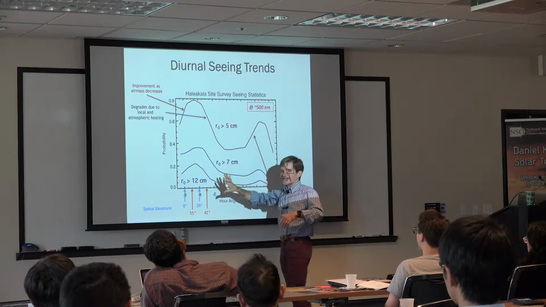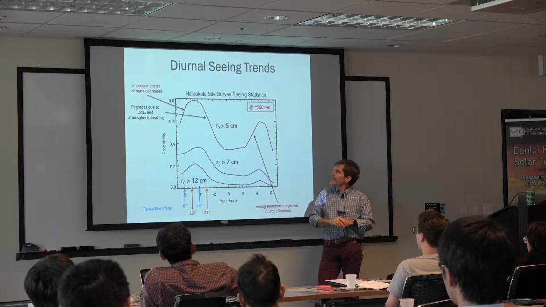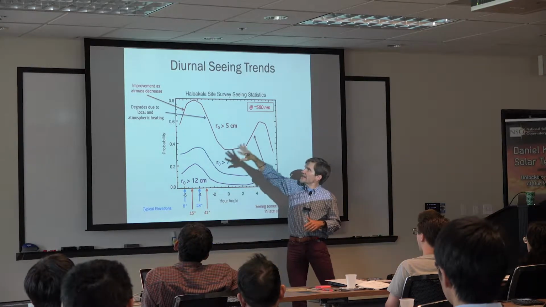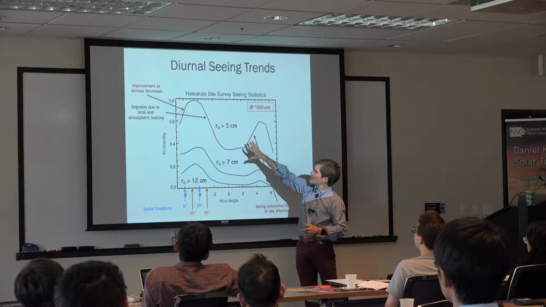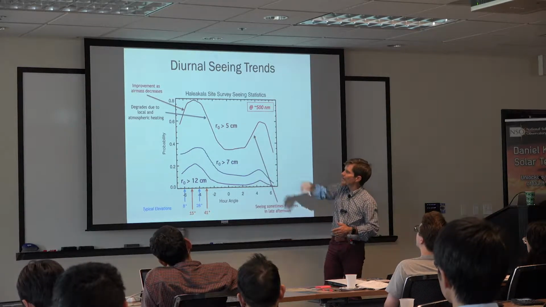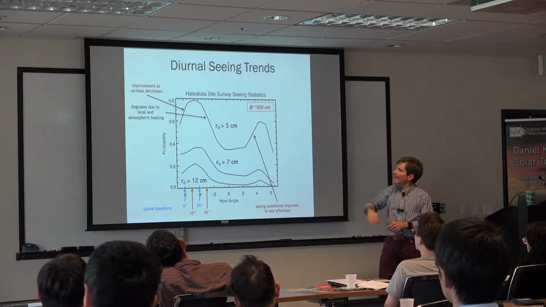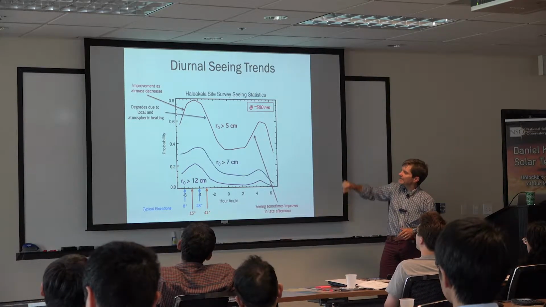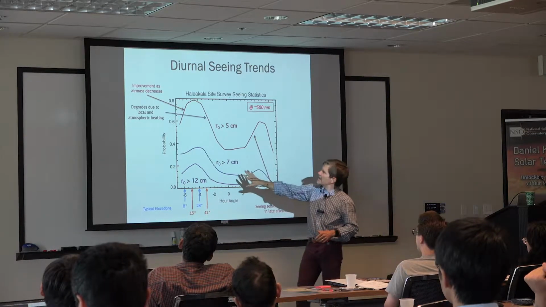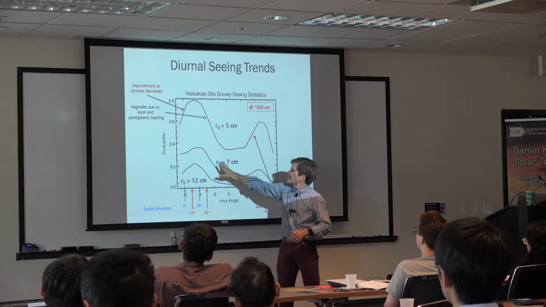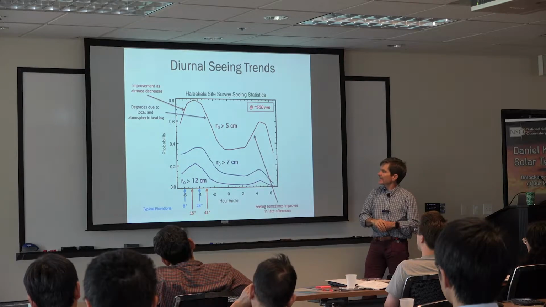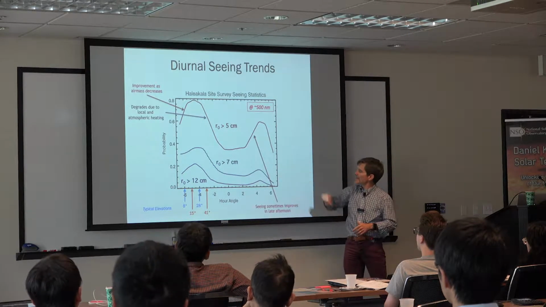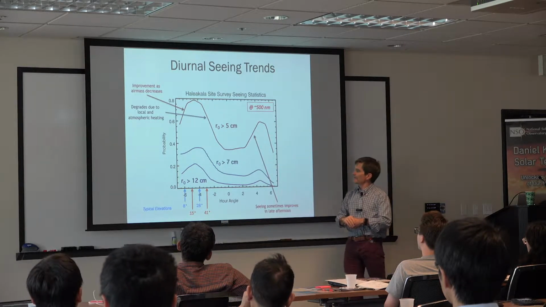This is a whole statistical compilation from the site survey. And you see how the seeing, this is a probability of having this r0 above certain values, so the probability of good seeing. And you see how it slowly rises up and peaks in this area and then degrades. And then we have this bad time here around local noon, and then maybe it gets better sometimes in the afternoon.